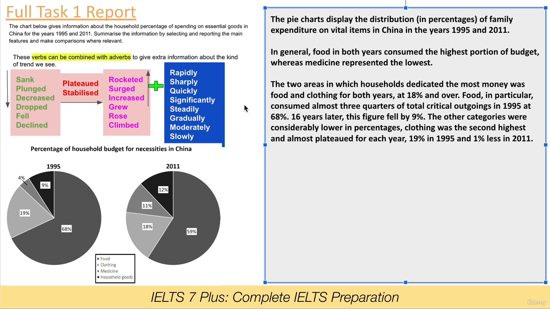Okay, so let's talk about the other two groups. We have medicine and we have household goods.